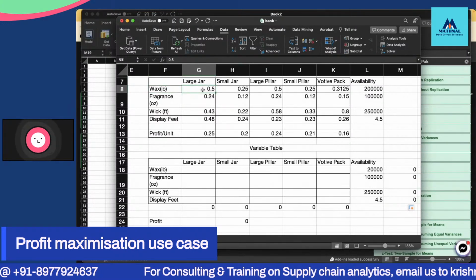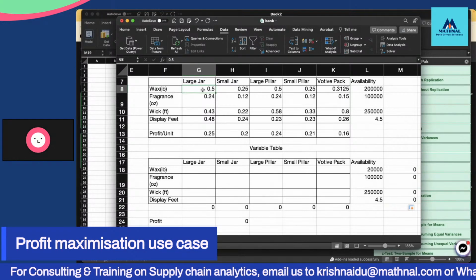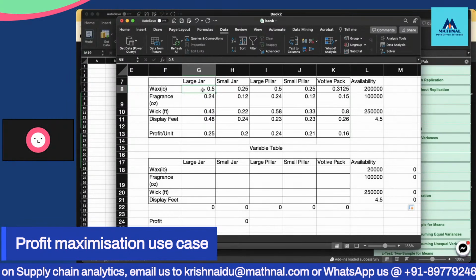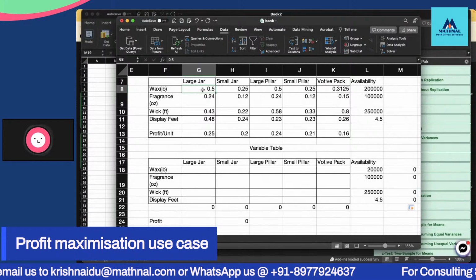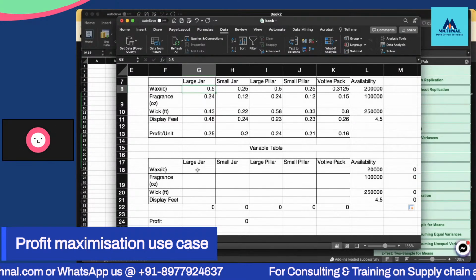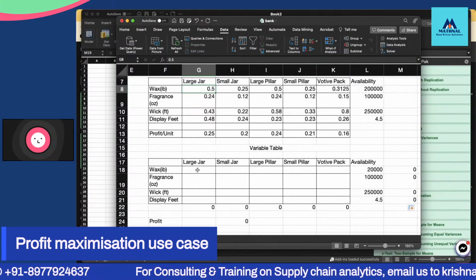So if we manufacture 10 units, we require 10 into 0.5, that is 5. So 1 unit we require 0.5. To manufacture 10 units, we require 5.